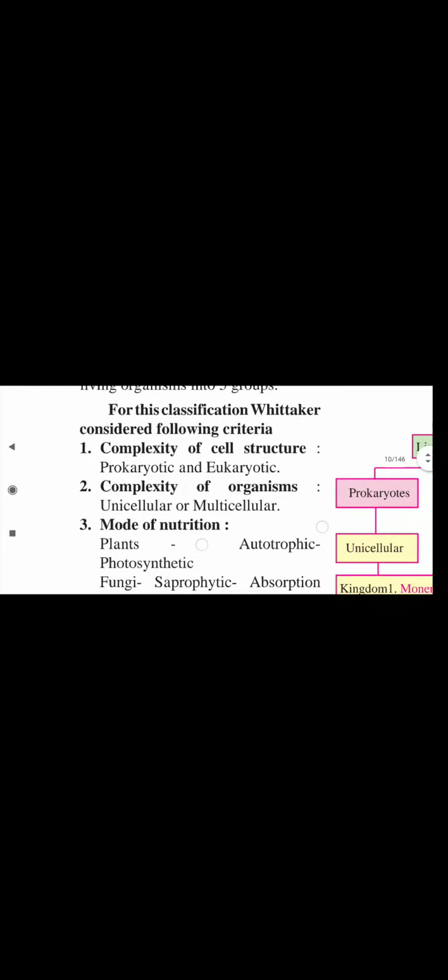The first criterion he used is the complexity of the cell structure. How is the cell of that living organism? Is it complex or simple? According to that, he divided cells into two groups, prokaryotic and eukaryotic.